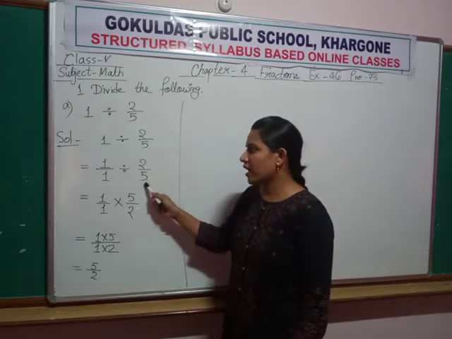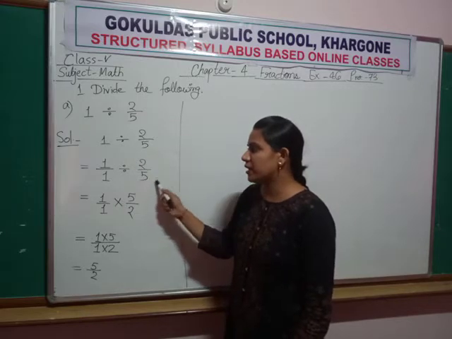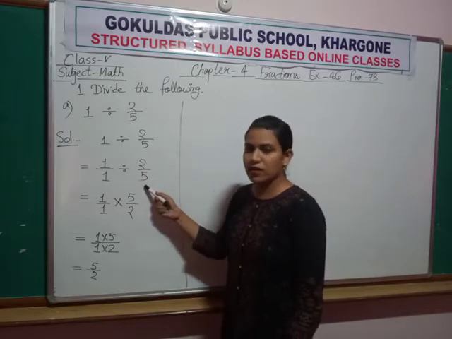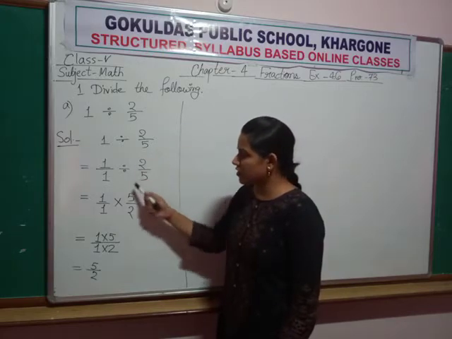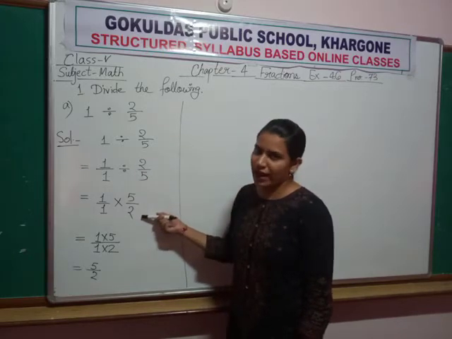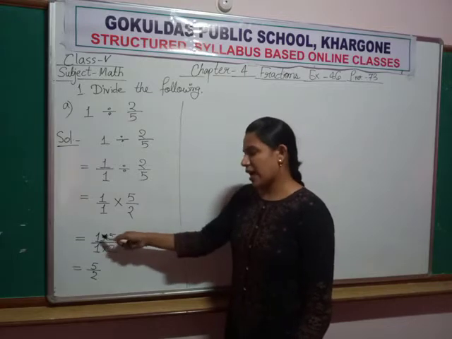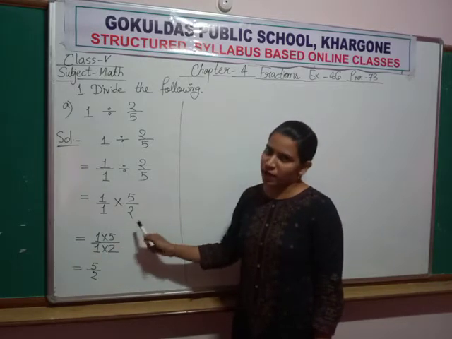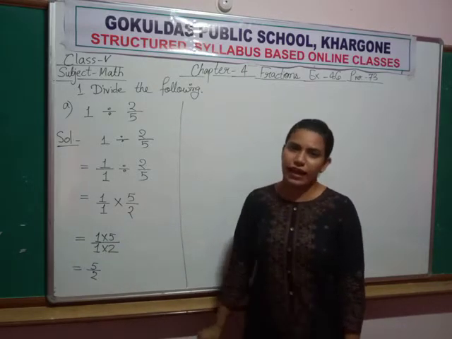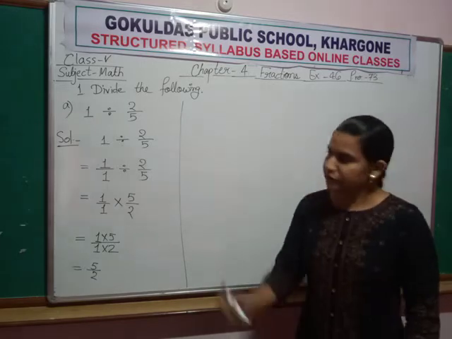Then we found the multiplicative inverse of the divisor, which is 5 upon 2. So write the multiplicative inverse, then multiply numerator with numerator and denominator with denominator and get your answer.